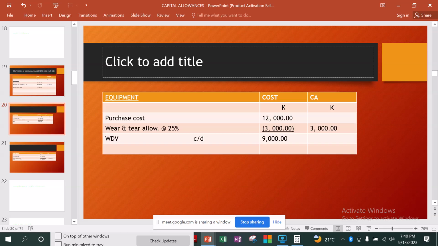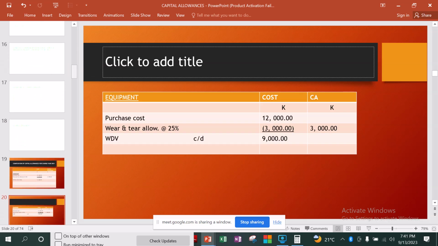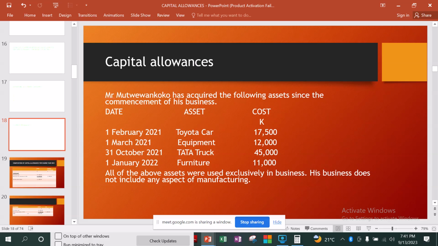So that tells us how we're supposed to calculate the capital allowances for the first year, that is 2021. We have those three assets taken on board. In the year of acquisition 2021, we have calculated capital allowances and we have seen the written down values.